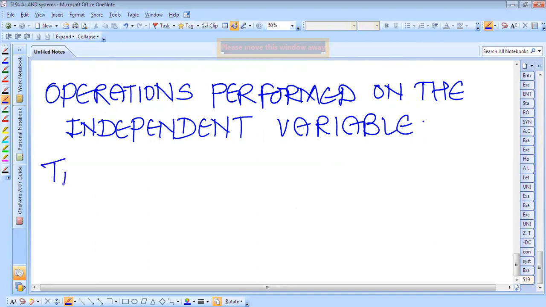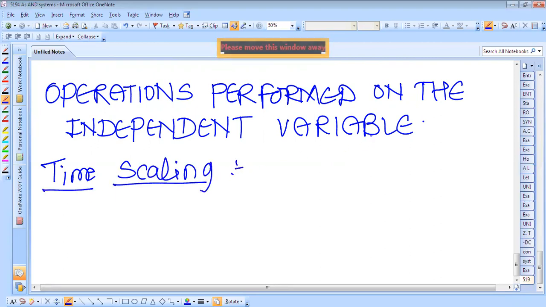So first is time scaling. The operation performed on the independent variable is time scaling.